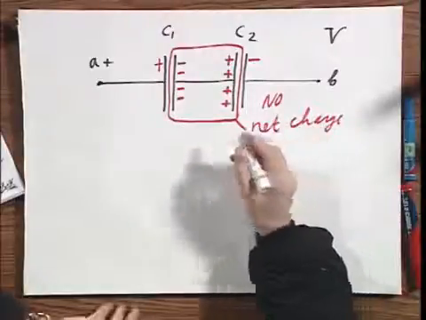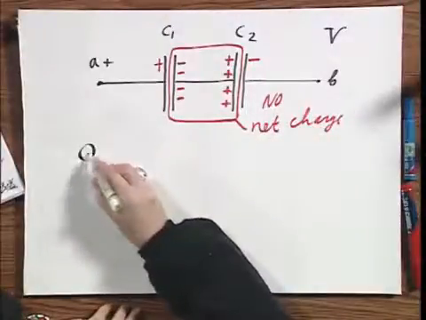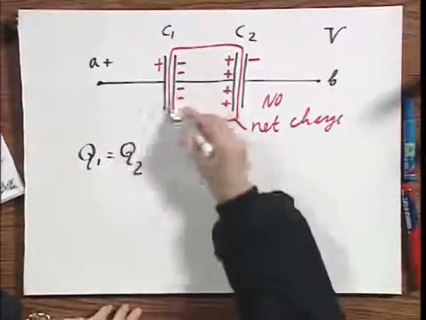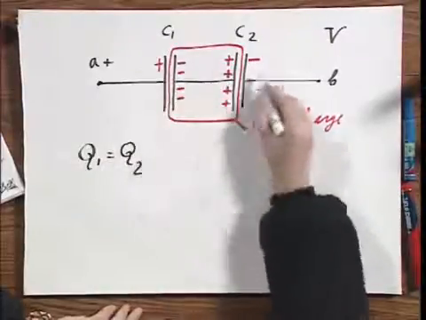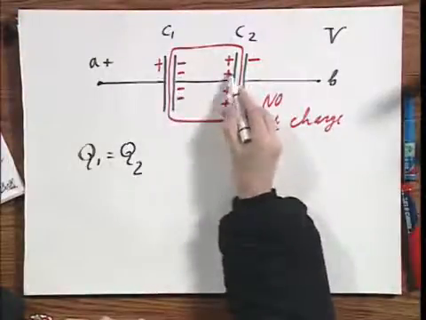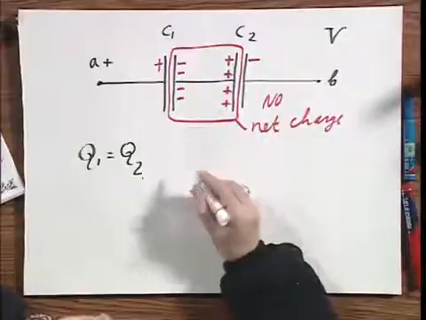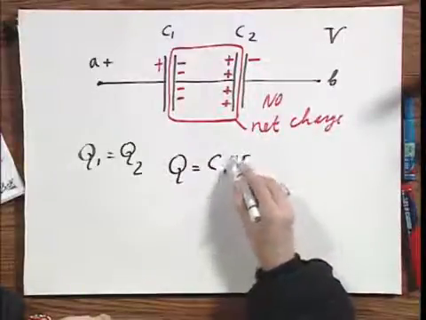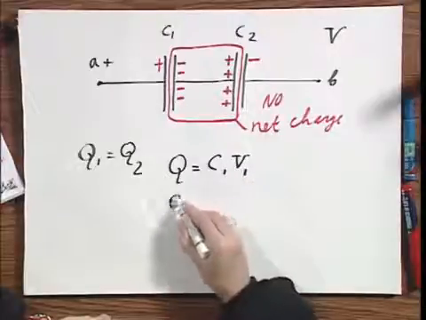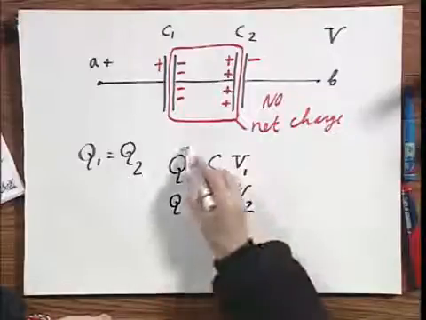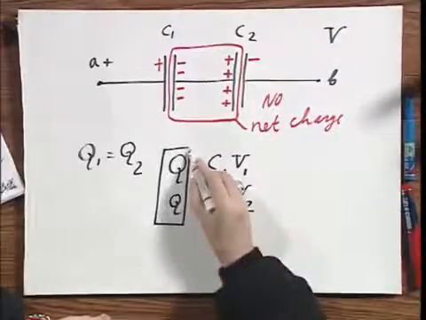Therefore, Q1 equals Q2. The charge on here is the same as the charge on there, because charge left is charge right. So now we have Q equals C1 times V1, and we have Q equals C2 times V2, and these two Q's are the same.